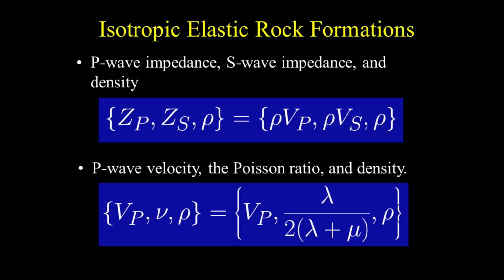P wave impedance, S wave impedance, and density is quite a popular choice, for reasons that will become obvious in one of the future lectures on energy partitioning at an interface between rock formations. P wave velocity, the Poisson ratio, and density is another choice.